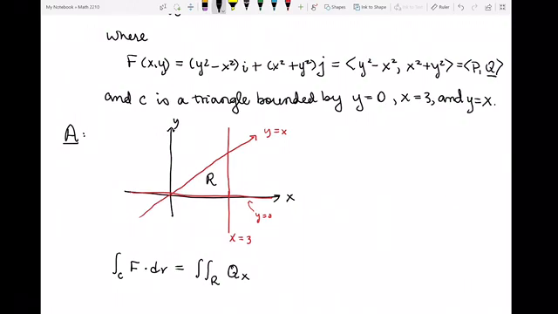I take its x derivative, and then I subtract from it the y derivative of the first component, and then I take an integral of that with respect to area.